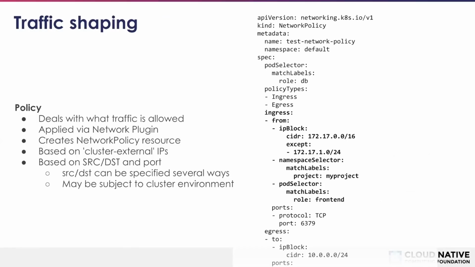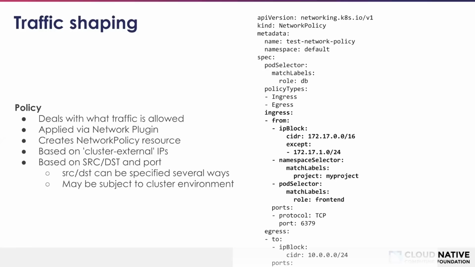So the first tool we have here is a network policy, which helps us a little bit with the security of the edge workloads, because it can be used to apply certain firewall rules to pods selected by the pod selector.